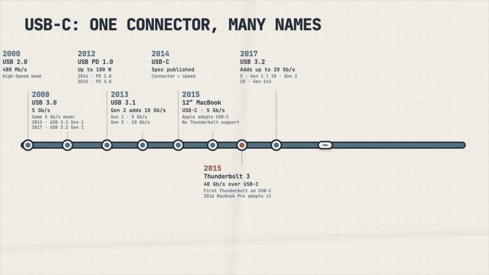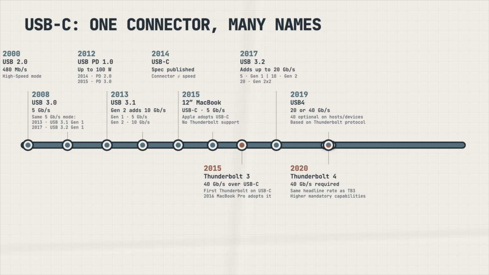USB 4 followed in 2019, based partly on Thunderbolt technology contributed by Intel, and it supported 20 or 40 gigabit operation, but 40 gigs wasn't mandatory for every USB 4 host or device. Thunderbolt 4 arrived in 2020 with the same headline 40 gigabit speed, but the difference was stricter minimum requirements, including 32 gigabit PCIe data, support for two 4K displays, wake from a Thunderbolt dock, and DMA protection.